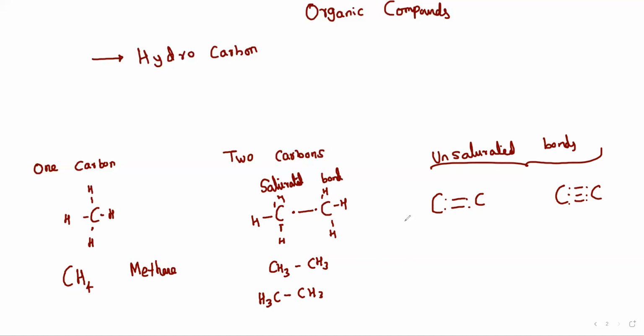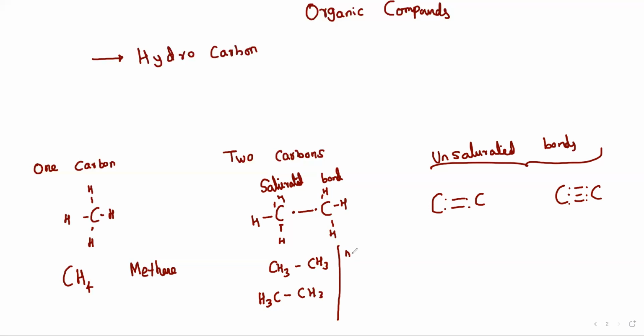Now, when an unsaturated bond happens, for example, we have two carbons like this. But for these two carbons, the number of hydrogens available is only 4.